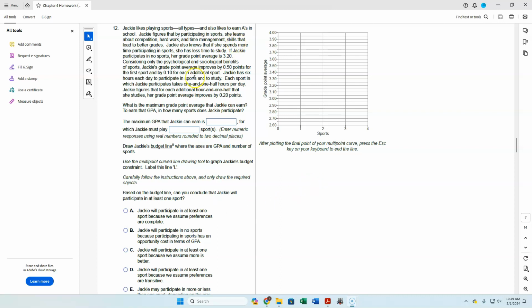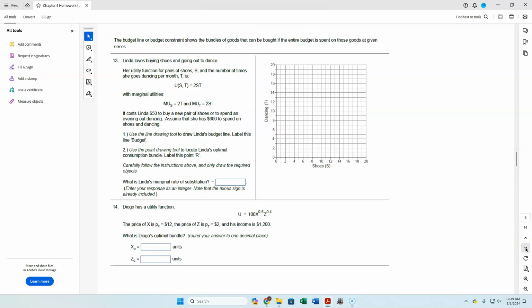But in this case, you would need to write out the trade-offs for each of these to be able to graph out what the trade-off is between sports and academic performance.